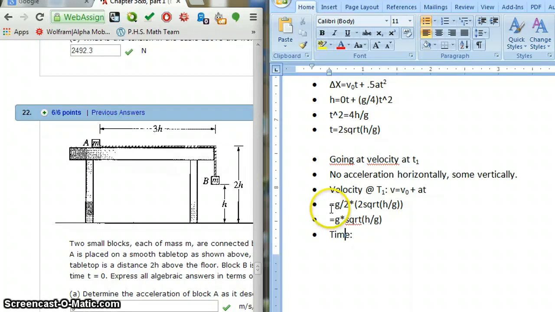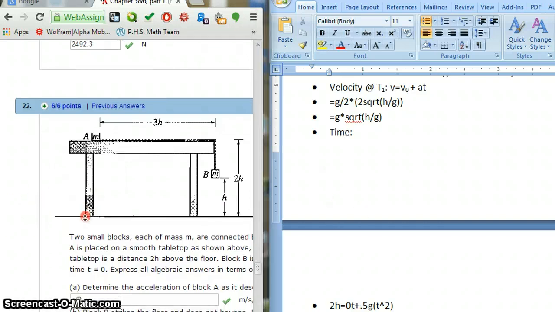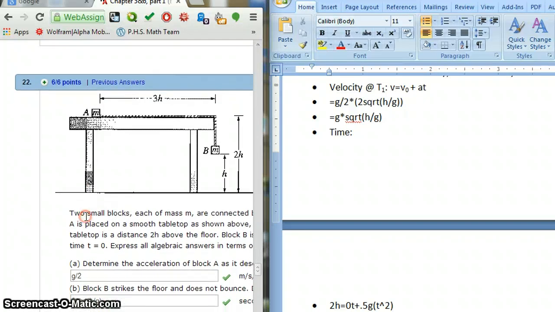So when block A comes off the table and goes into free fall, it'll be going at this speed. Now, since this is constant velocity, we can just use that delta x equals velocity times time.